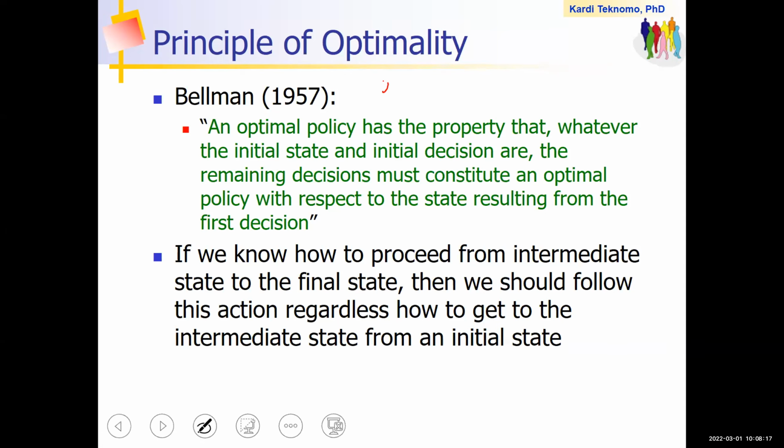So suppose this is your initial state and this is your goal state. So this is the goal and this is your init, right? And then this is your intermediate state.